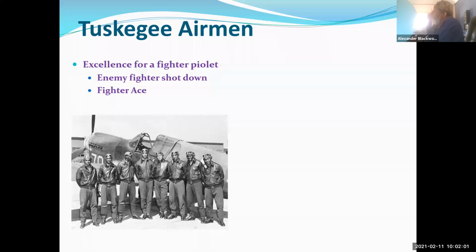The Tuskegee Airmen decided that they were going to rewrite the rules of excellence. They weren't going to gear the number of enemy fighters they shot down as their mark of excellence, but the number of bomber crews that they returned home safely. At the end of the war, not a single bomber escorted by a 357 was shot down.